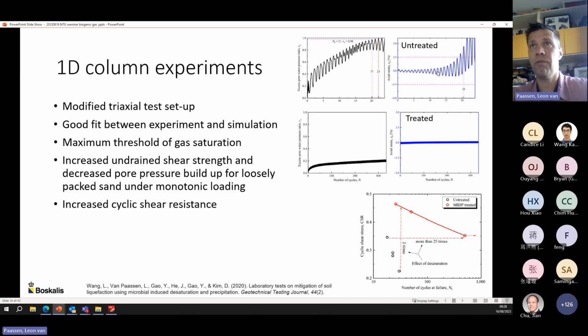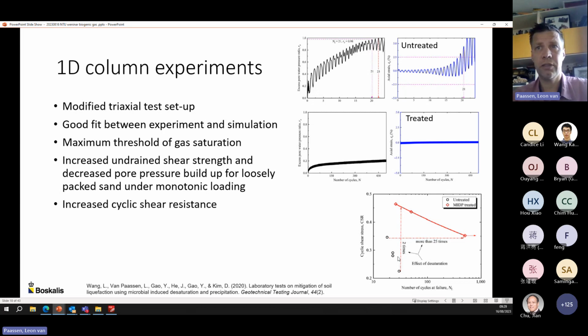This is causing liquefaction, shown by the excessive deformation going out of control. This is then the test done on a treated sample, where with the same stress conditions the excess pore pressure doesn't build up, because of the dampening effect of the bubbles in the pores, and there is hardly any deformation during that loading.